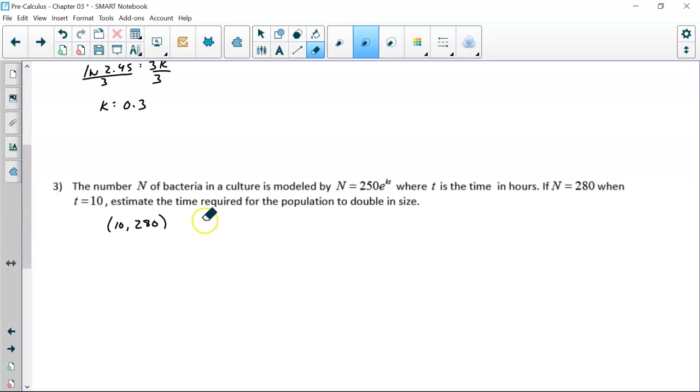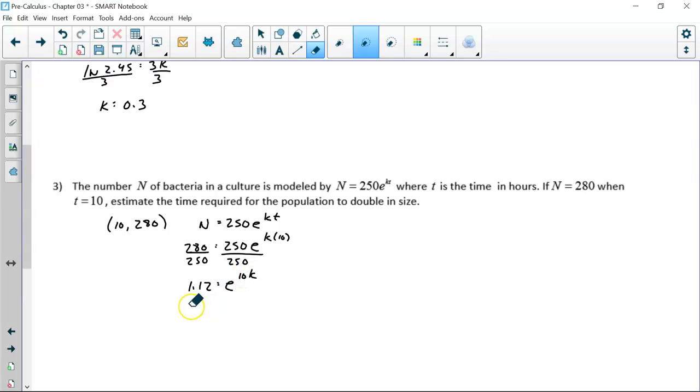So what we could do is we can substitute that in. Remember, N equals 250 e to the kt. We need to find out what k is first before we can do anything else. So 280 equals 250 times e to the k times 10. Divide both sides by 250 to isolate the e. And you're going to get about 1.12 equals e to the 10k.